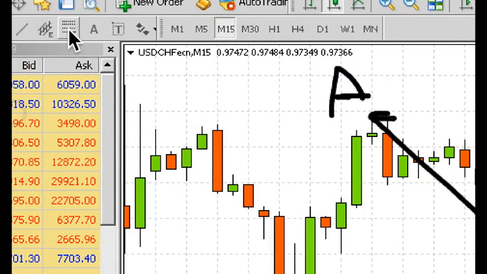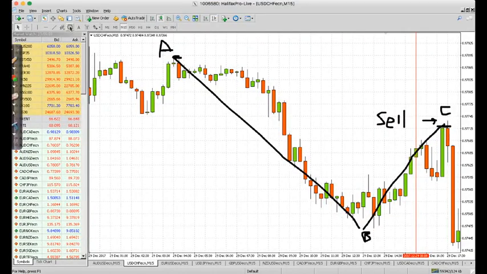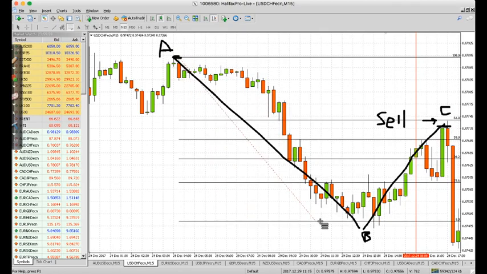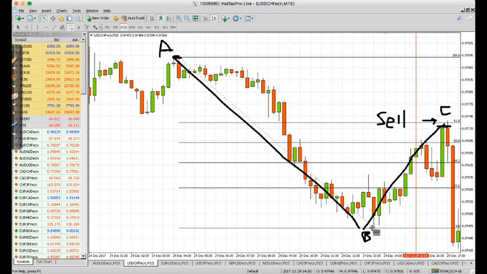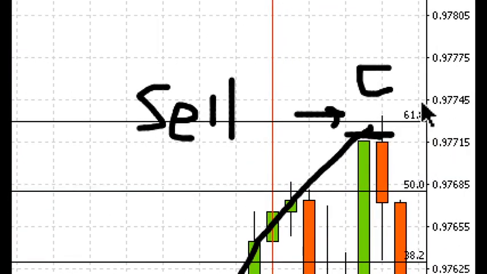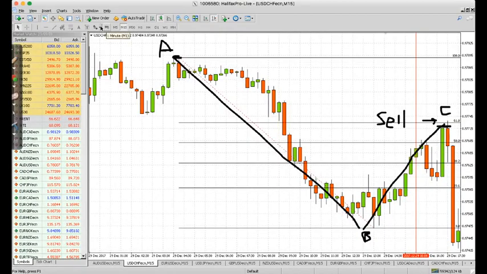Click on this tool, and we click on A, drag to B, release, and lo and behold, can you see that this is exactly at the 61.8% level? Magical, isn't it? Like magic, right?